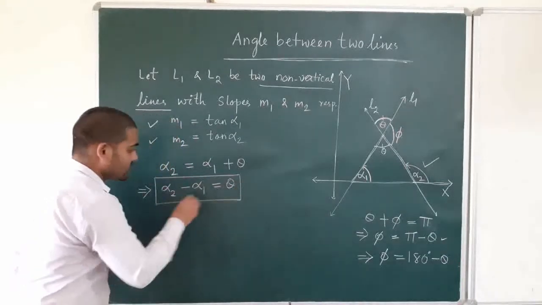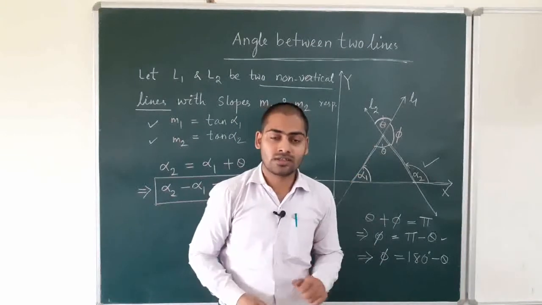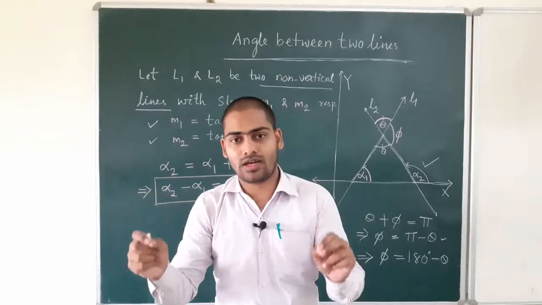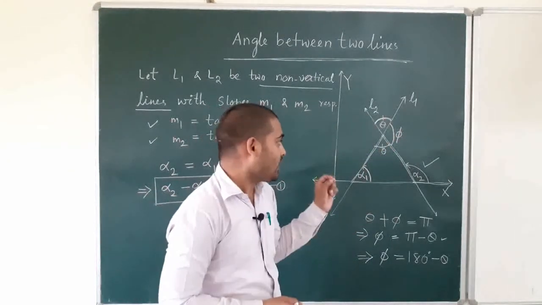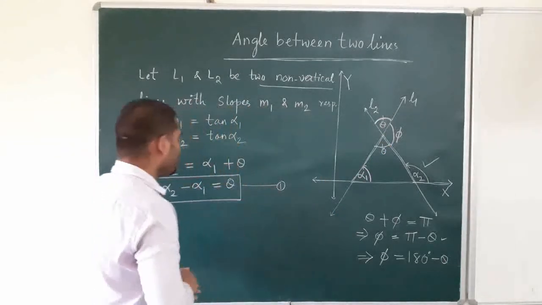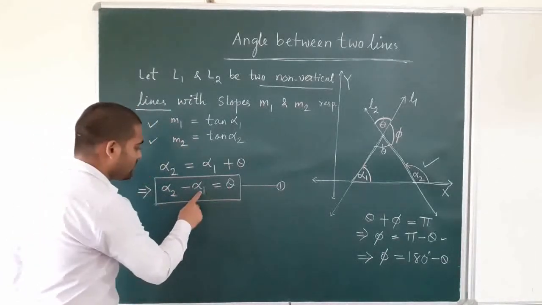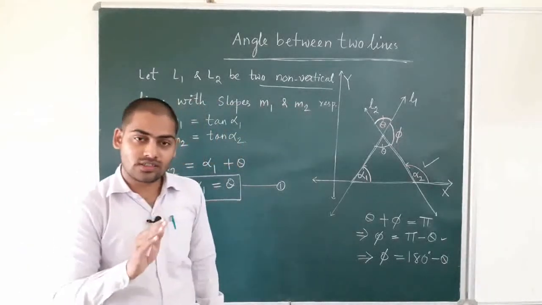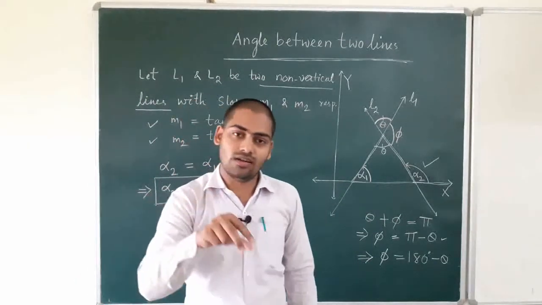Theta is nothing but the angle between the two intersecting lines L1 and L2, so we have to find the theta value. The theta value is alpha 2 minus alpha 1, but we write theta in terms of the slopes of the lines.